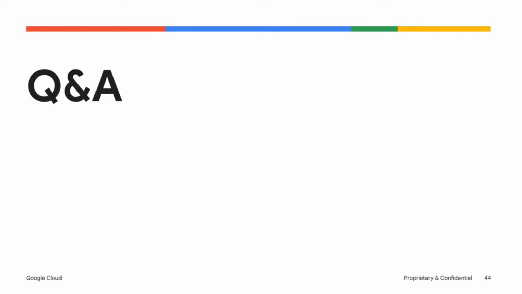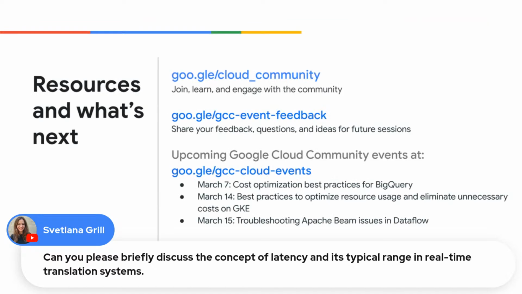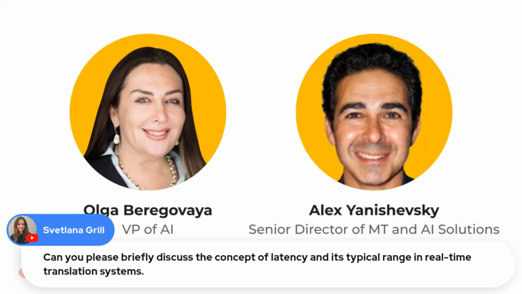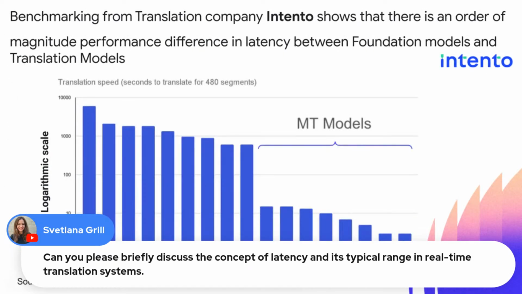Yes. There was an additional question that came up on latency. The best thing I would say here is to go back to this graphic. This was done by another third party, Intento, looking at a general assessment of overall latency.